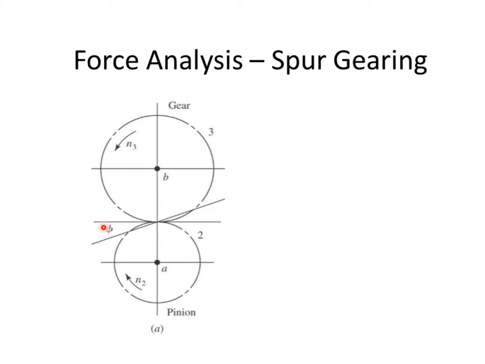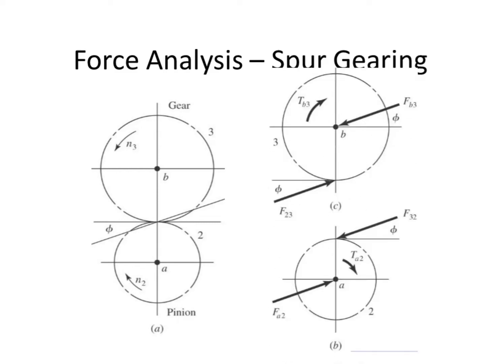As pitch circles of both the gears are tangent to each other, if we draw a tangent line on that contact point, the pressure line would make this angle, the pressure angle, with that line. Now let us take the free body diagram of both gears and show the forces separately.